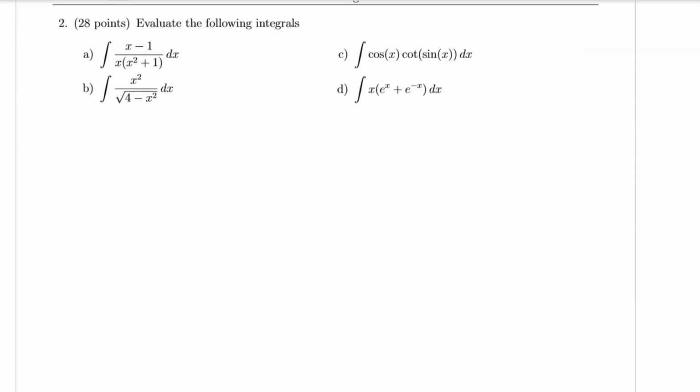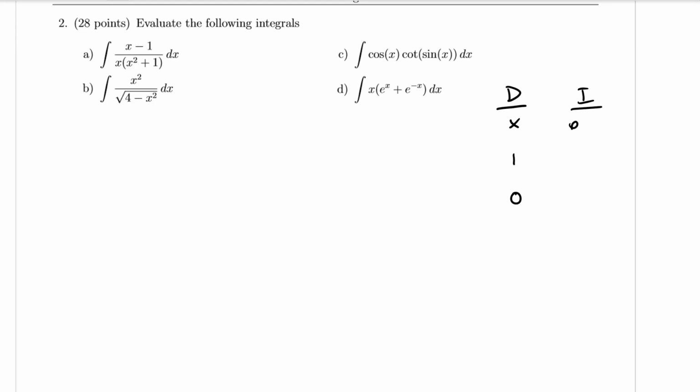In part D, we have the indefinite integral of x times the quantity e to the x plus e to the negative x dx. Now looking at this, I have the product of two functions, and so it might be worth trying the tabular method. I'm going to use our x value in the derivative column. If I take the derivative, that's going to be 1, and then the next derivative will be 0.